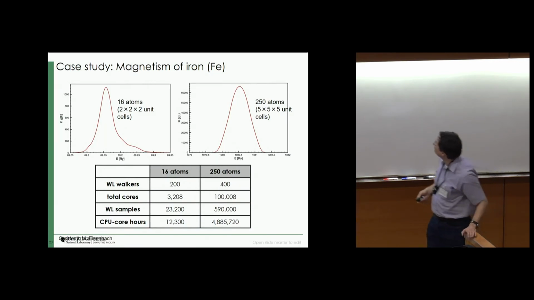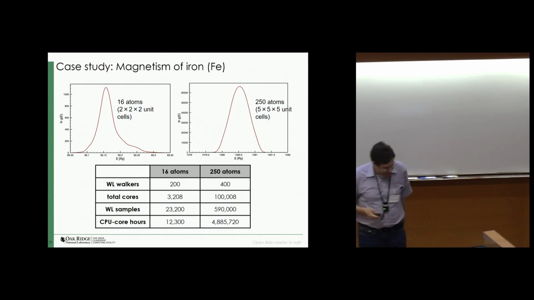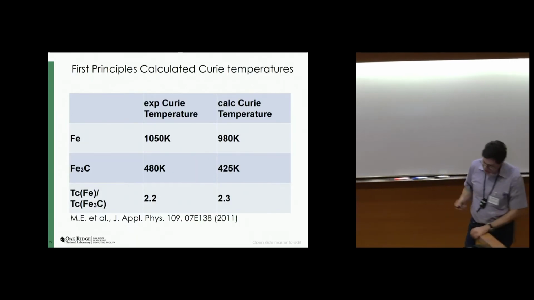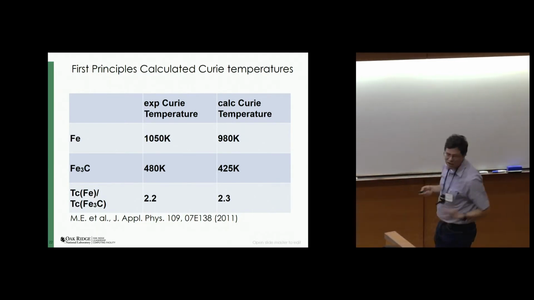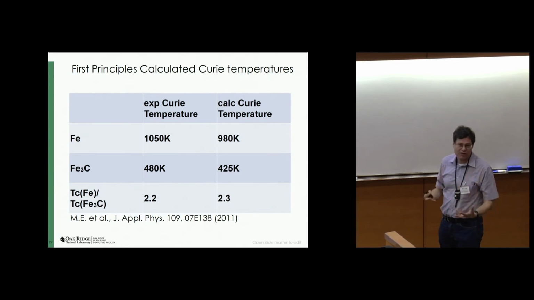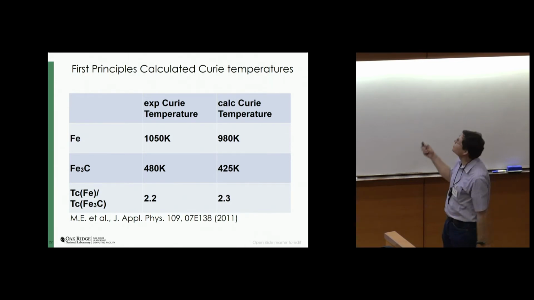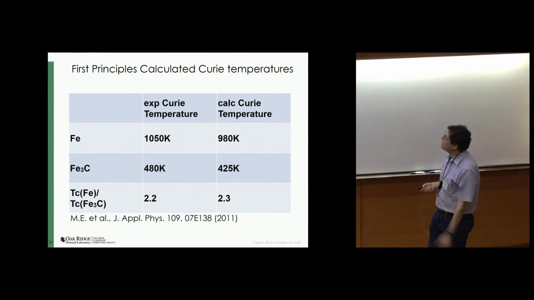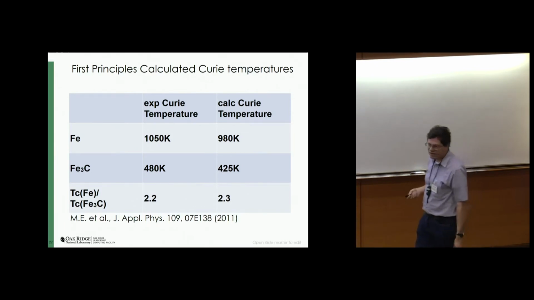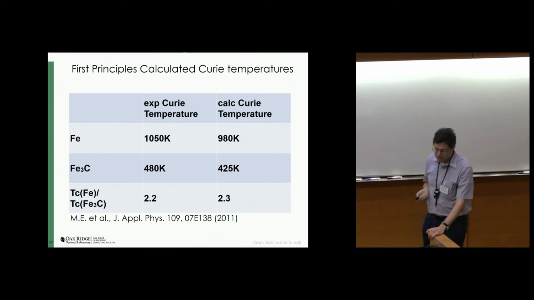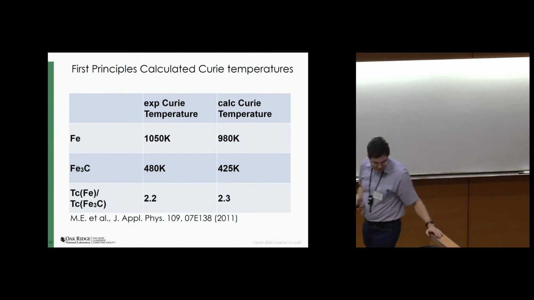We ran for about 5 million CPU hours, and we actually find very good agreement as far as the physics is concerned, without any assumptions about the system, just saying it's iron, it sits on a BCC lattice, and out comes the Curie temperature of the system: 980 Kelvin. Experimentally, it's 1050. Similarly for cementite, Fe3C, we have similarly good agreement.